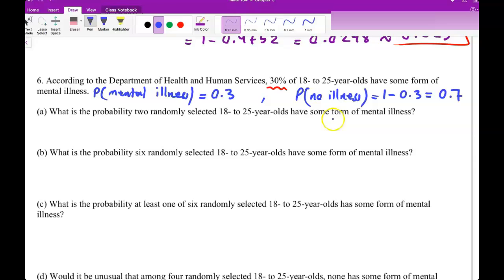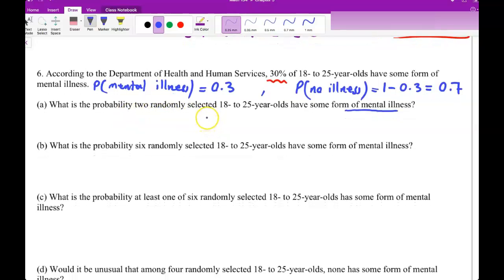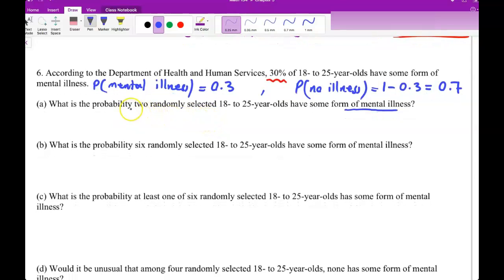Part A, so we should find the probability of mental illness, and we have two randomly selected. Again, we have independent events.